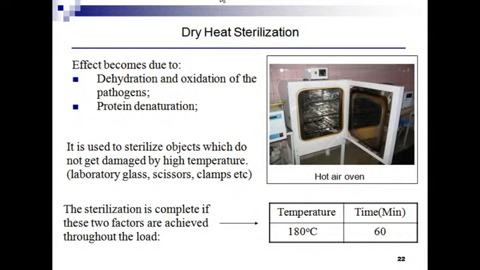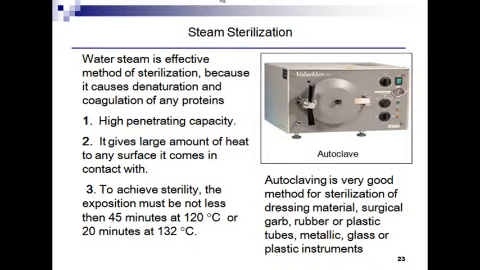The sterilization is complete if these two factors are achieved inside the chamber. Temperature in the air heat chamber should be not less than 180 degrees, and the duration of heating should be not less than 60 minutes. One hour and 180 degrees, this is the regime of air heat sterilization.